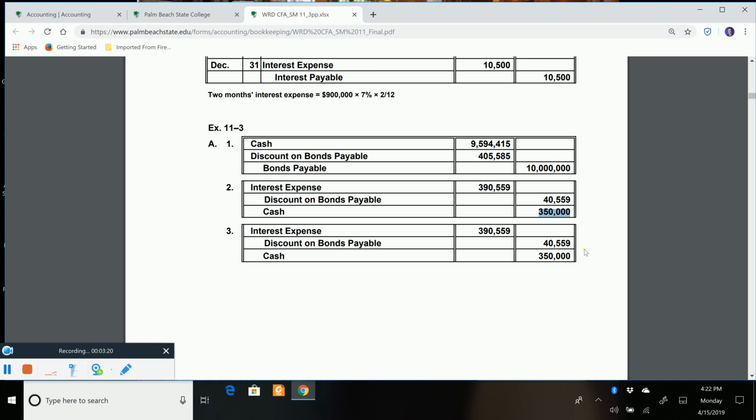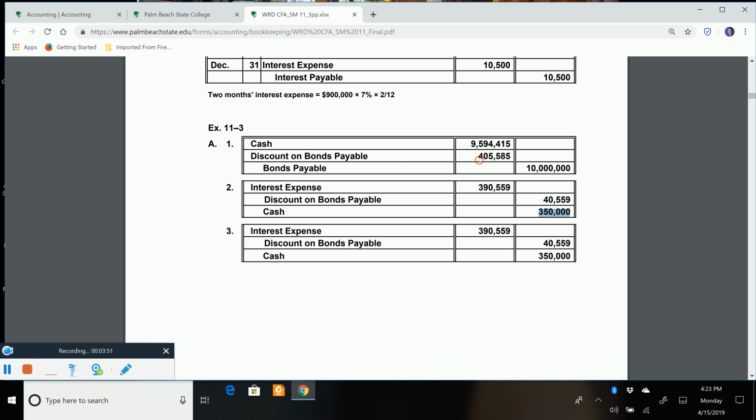We actually also have to amortize the discount. Effectively, we need to make the discount balance go down to zero by the end of the bond term. Well, how long is this bond? This bond is for 5 years. And each year there are two interest payment dates. So if we take 5 years times 2 interest payment dates, that's a total of 10 interest payments.